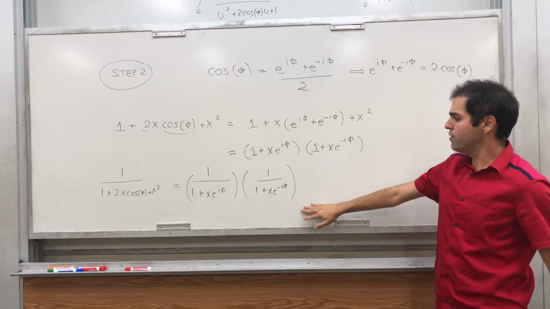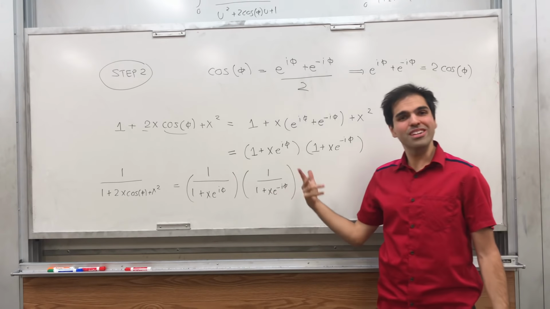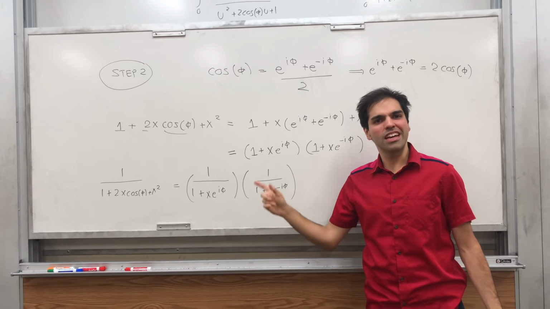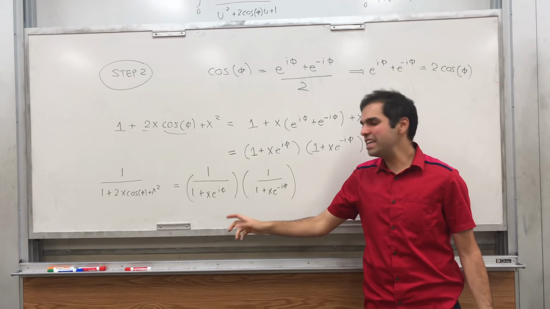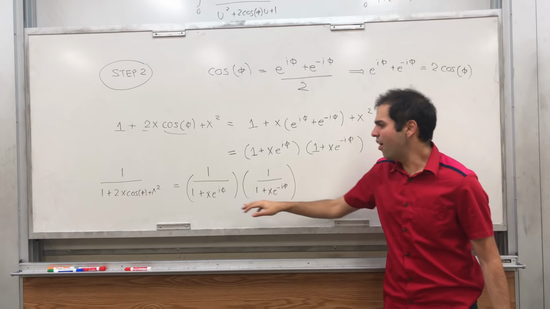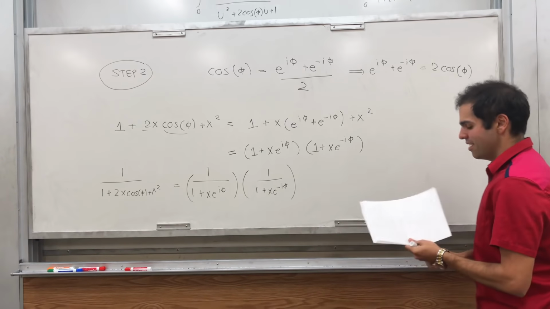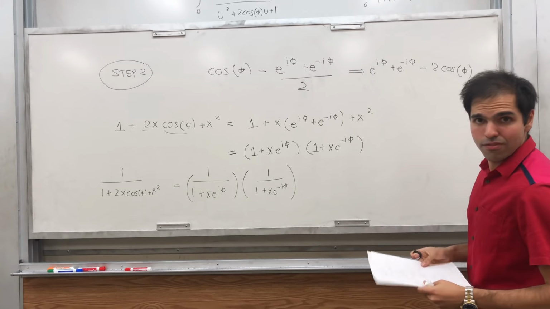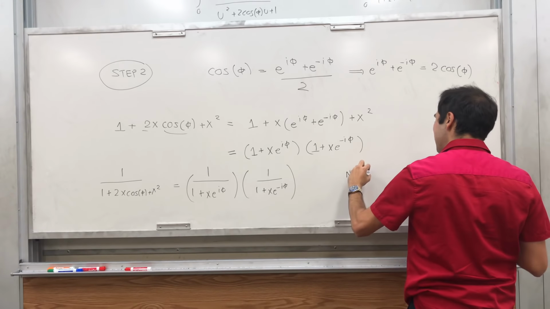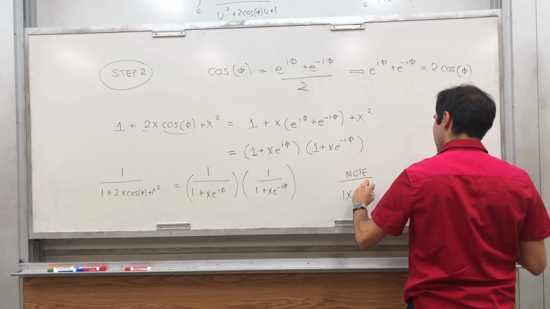And by the way, here's something I want to say. To expand something out in a geometric series, you need to make sure that things are in the radius of convergence. So you need to make sure those terms are strictly less than 1 in absolute value. But in fact, this is completely legit, because what is x e to the i phi?